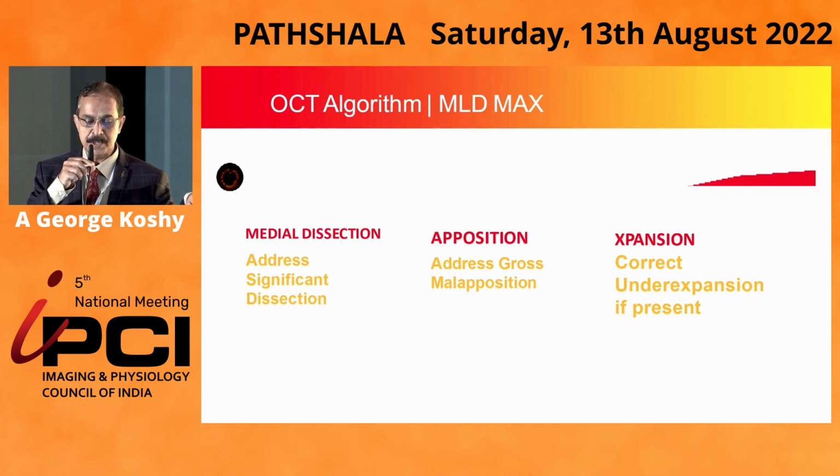And in the post-PCI, we have the MAX, that is the medial dissection, the apposition, and the expansion. We have to address the significant dissection. We have to address the gross malapposition and correct the under-expansion if it is present. It is certainly likely to improve the clinical outcome.